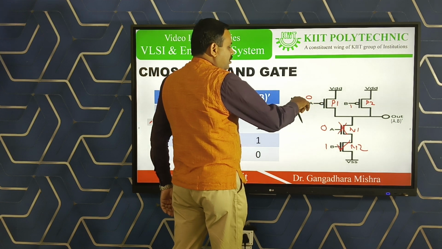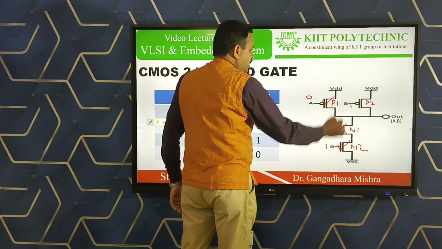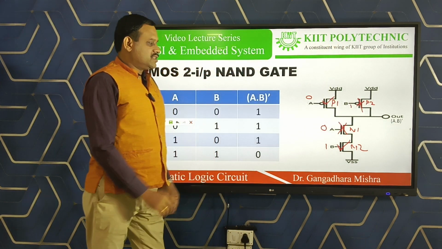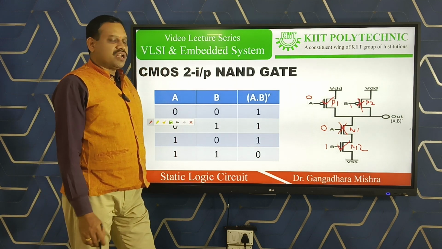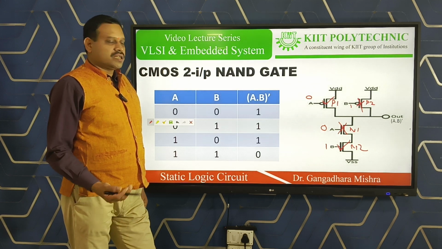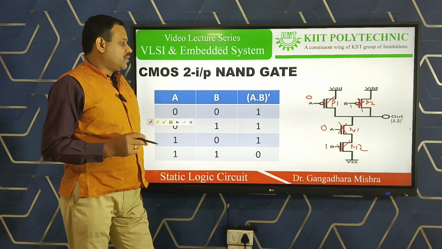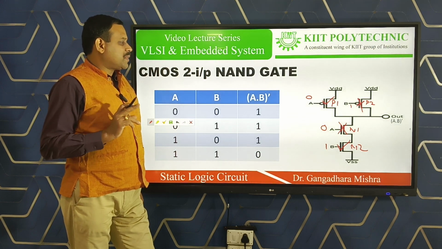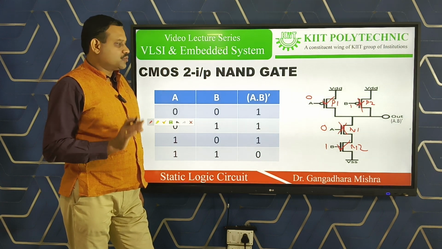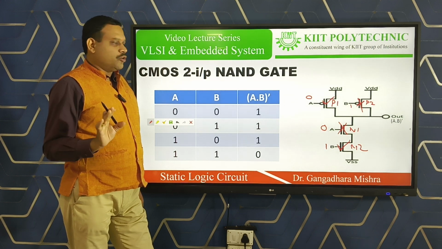When A is equal to 0, P1 is in conduction state and P2 in cutoff state. As a result, as N1 and N2 are in series configuration, although N2 is in conduction state, due to the cutoff state of N1, a high resistance path will be available from ground to output. So there will not be any scope for logic 0 output.